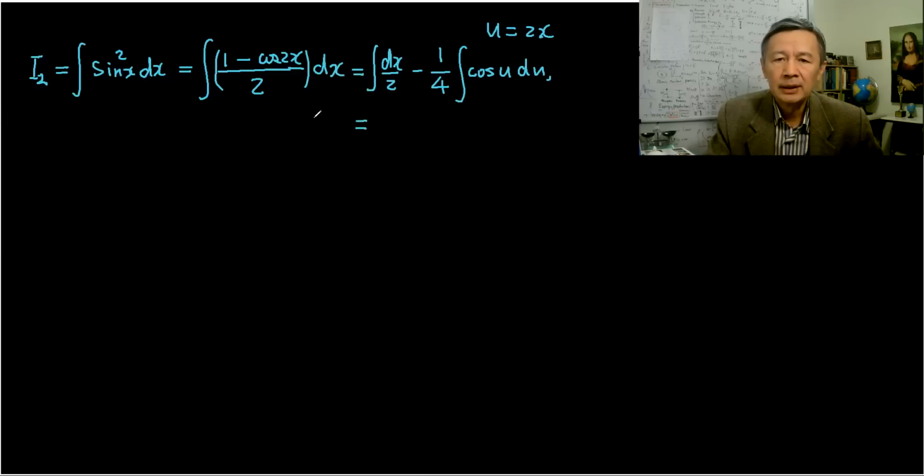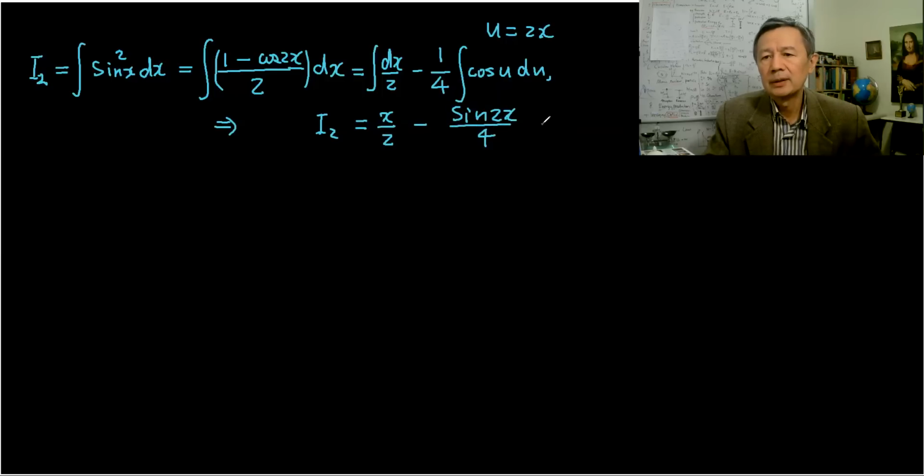I2 will equal half x plus, since the integral of cosine is just sine, sine 2x divided by 4.